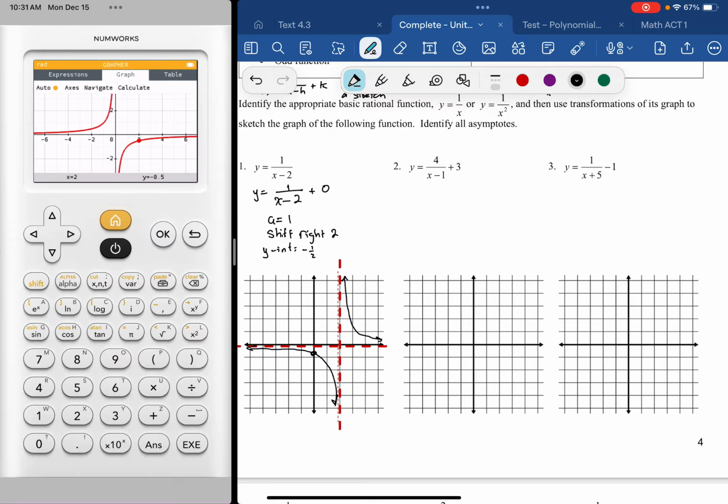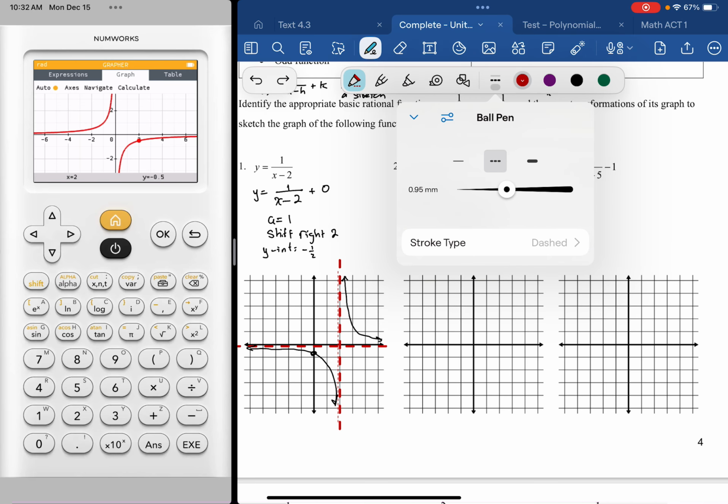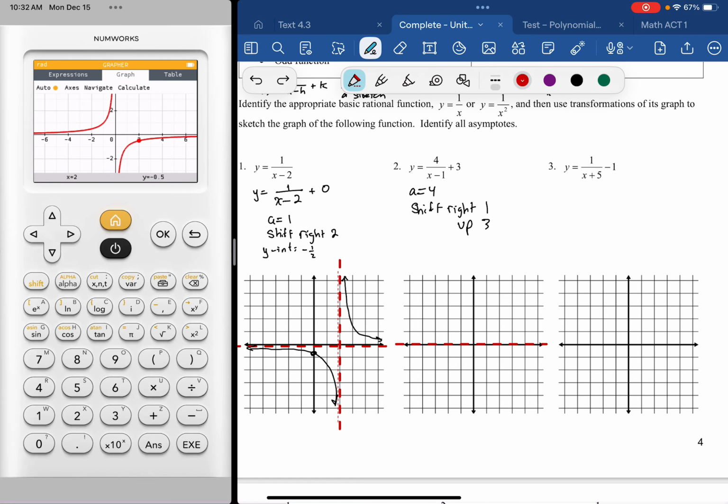As opposed to number 2, the a value is 4, so it's got a vertical stretch. We're going to shift right 1 and up 3. Still positive though, so it's going to have the same orientation. But like I said, I'm going to do a couple of dashed lines, and then I'm going to move them, so don't draw them right away.